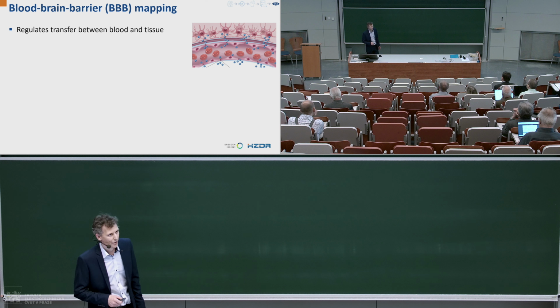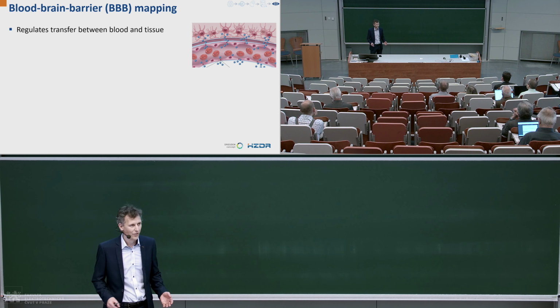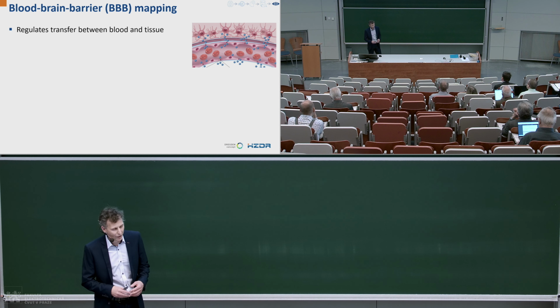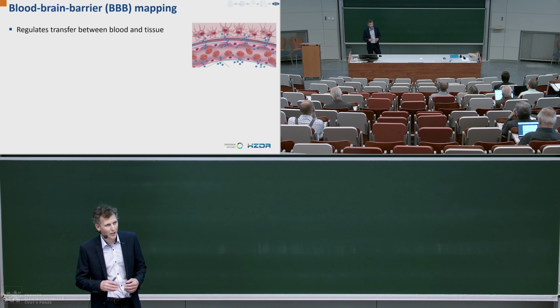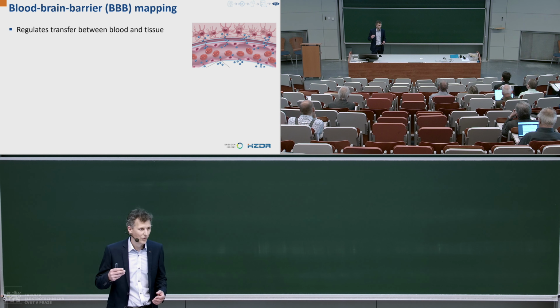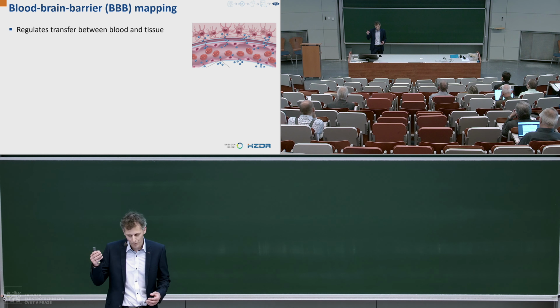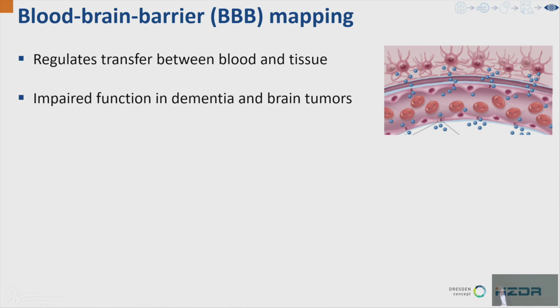So blood-brain barrier is a structure lining the vessels that effectively regulates the exchange of oxygen and molecules between the blood and the brain. And this effectively helps us to stop toxins from getting from the blood to the brain. Normally, this should work pretty good, but in patients with dementia or brain tumors, this barrier becomes leaky and it starts letting through everything.